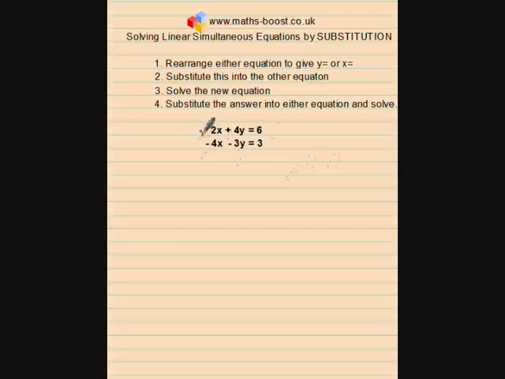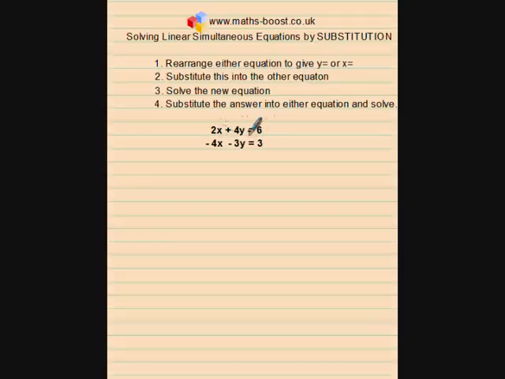For example, if I look at just this first equation, I can see very quickly that if I choose x equal to 1 and y equal to 1, then 2 times 1 is 2, add 4 times 1, 4, gives me 6. So that would satisfy this equation.